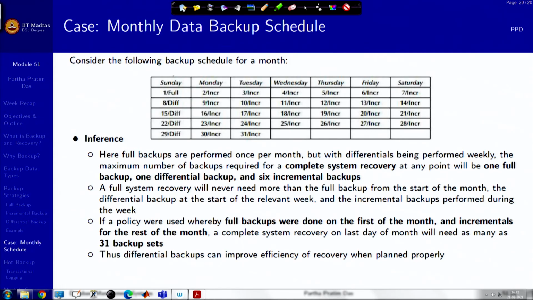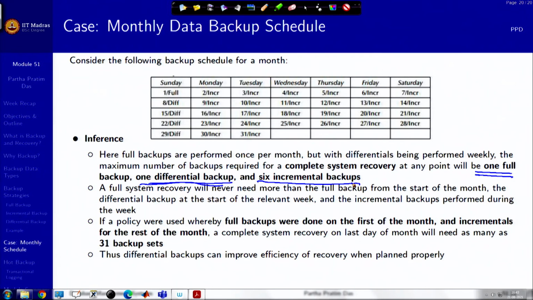It is certainly one full backup which you took on the first Sunday of the month, then one differential backup that you took on the last Sunday of the week in which you are trying to restore, and then you can have at most 6 incremental backups, because there are 7 days. So, at most 6 you will require to restore the whole system.